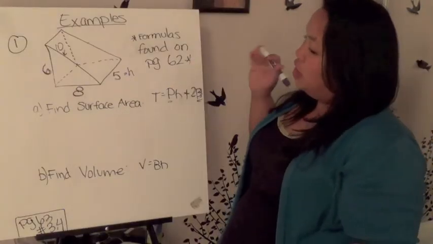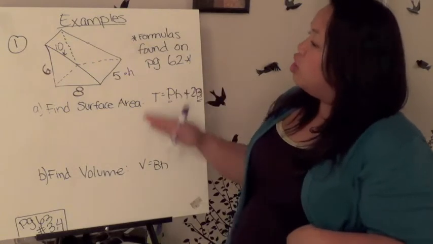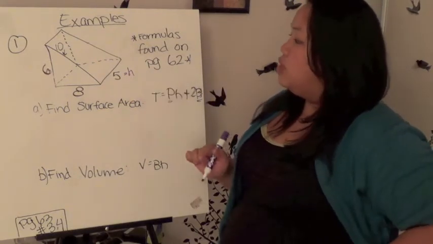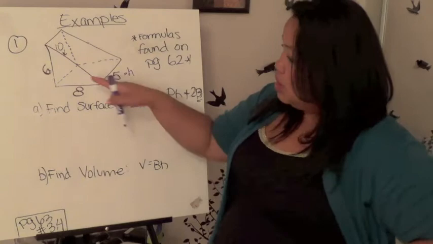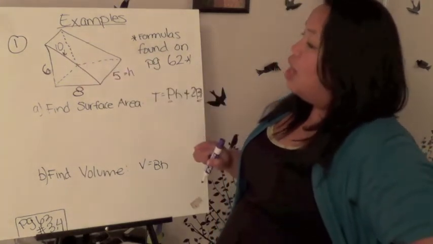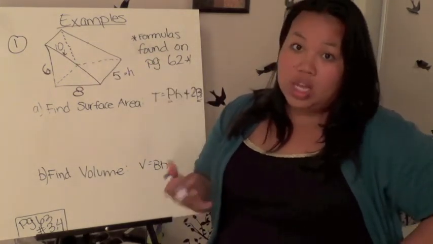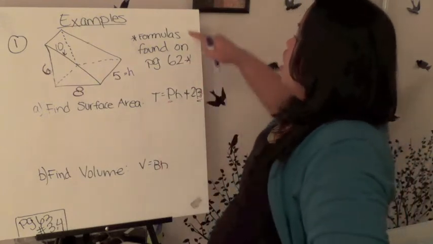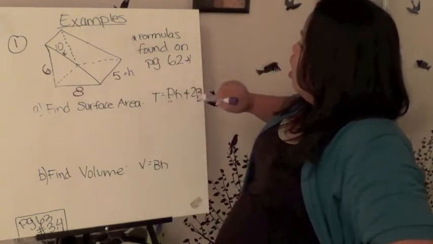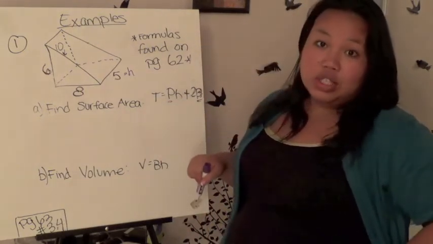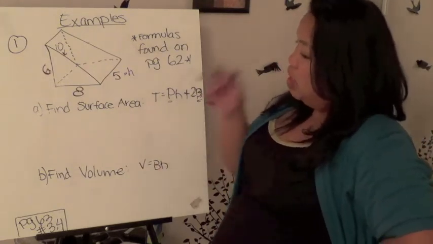They want us to find the surface area and the volume of this prism. And because the base, as you can see, is a triangle, this is called a what? Triangular prism. These formulas right here can be found on page 62. So make sure to write this down and then follow along with me.